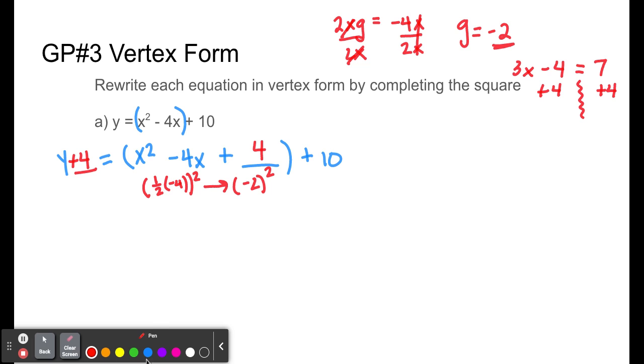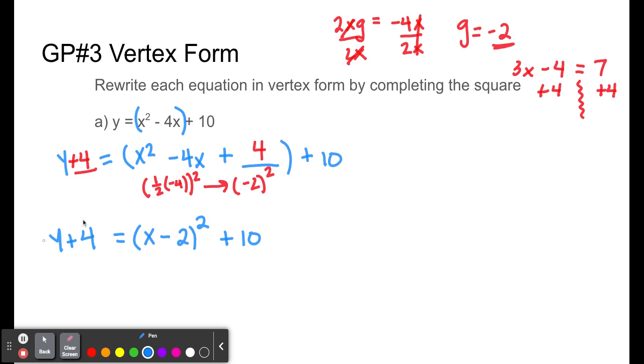Now, once we have created this perfect square trinomial by completing the square, we're going to go ahead and turn that into the square of binomials, just like we saw yesterday. So we're going to take this and rewrite it as x minus 2 squared. Plus 10 stays there, y plus 4 stays here. So we factor the perfect square trinomial and it will always give us the square of binomials.